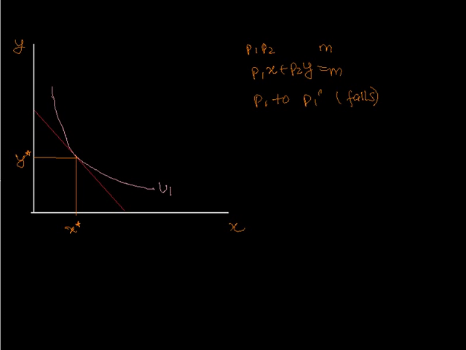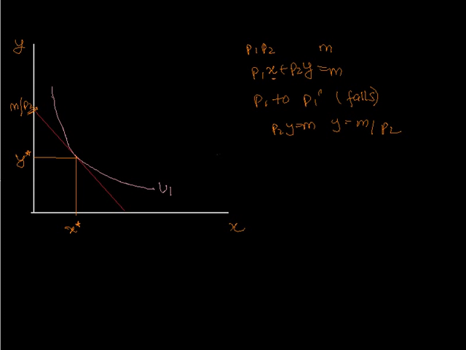So it is P1 to P1 dash, and we also know very well what the intercept is. That is M by P2. In case you put 0 out here, then P2 into Y equals M, so your Y would be equal to M by P2.